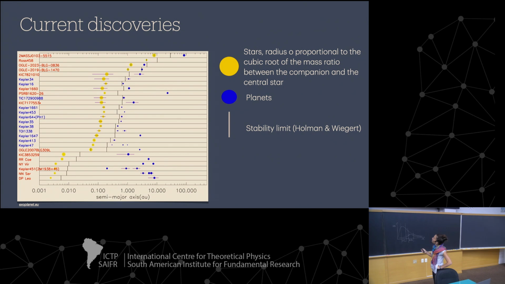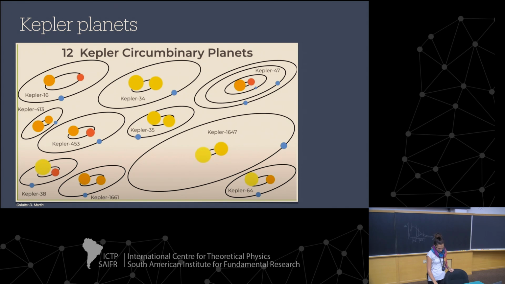The bar is the stability limit of the system. You also might have an error bar on the separation from the inner binary. But why haven't we discovered so many? Indeed, I'll come back to that later.